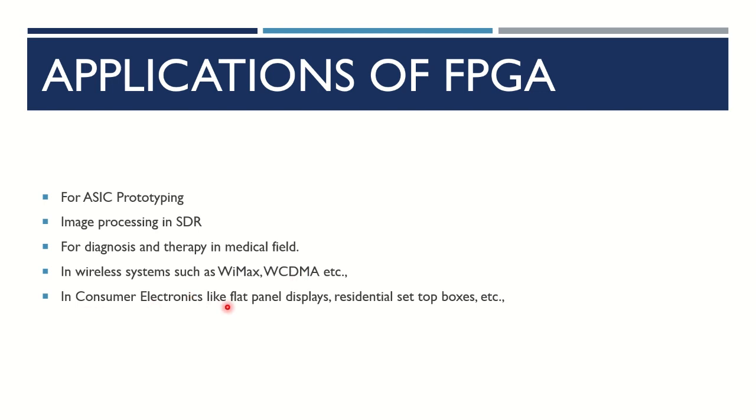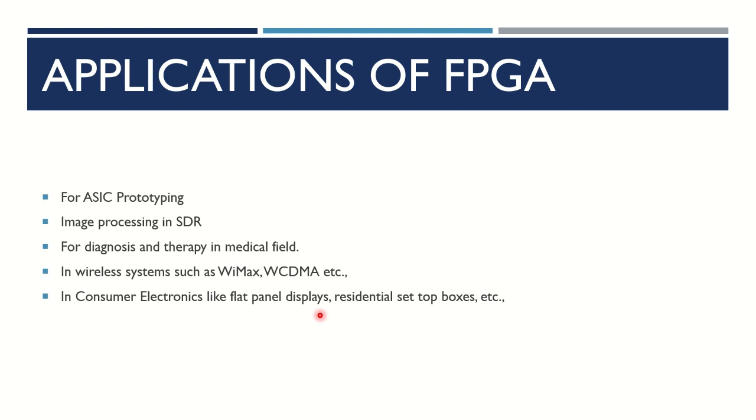In consumer electronics like flat panel displays and residential set-top boxes, FPGAs provide cost-effective solutions enabling next generation and full featured consumer applications such as handsets, flat panel displays, and home networking.